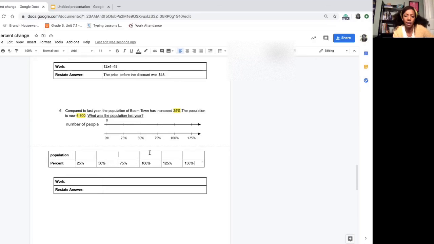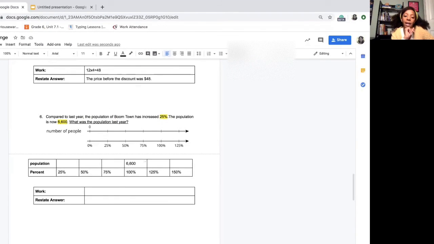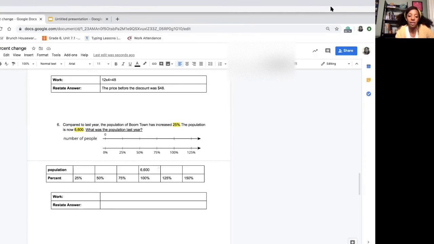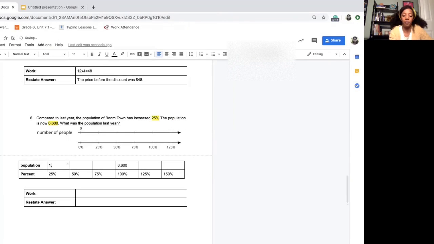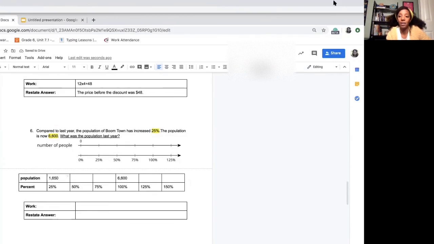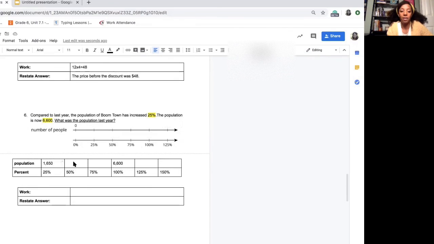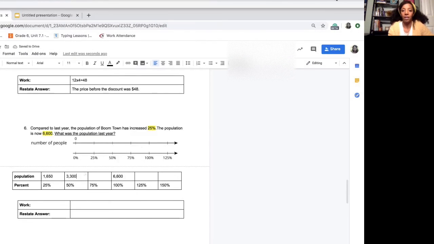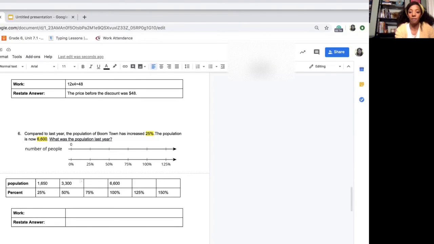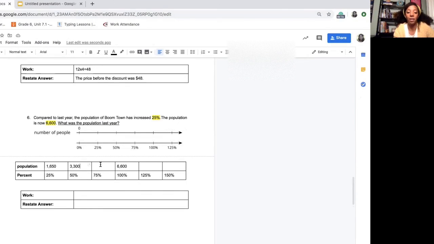So our whole here would be 6,600. If we divided 6,600 by 4, 1,650. All right, if I add 1,650, 3,300. If I take 3,300 plus 1,650, that's going to give me 4,950.